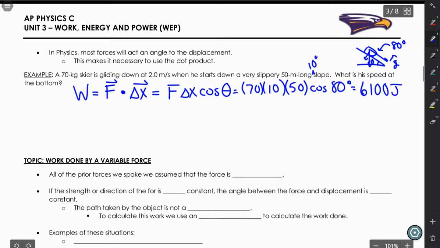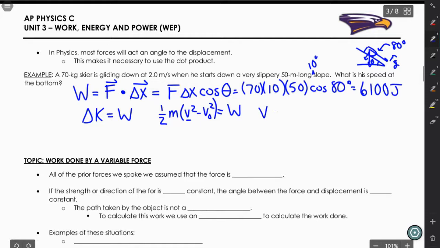But remember, that's not our answer because we're looking for the speed at the bottom. So now we're going to use our work-energy relationship. We simply say 1/2 m times v squared minus v initial squared equals the work done, and we solve this for v.